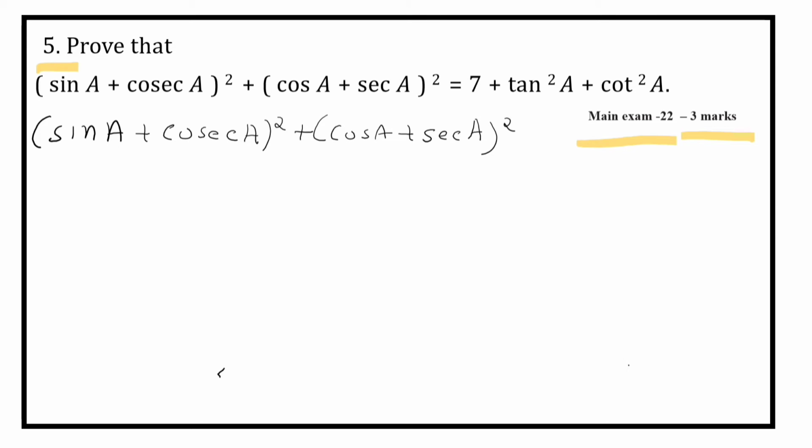LHS is sin A plus cosecant A the whole square plus cos A plus secant A the whole square.